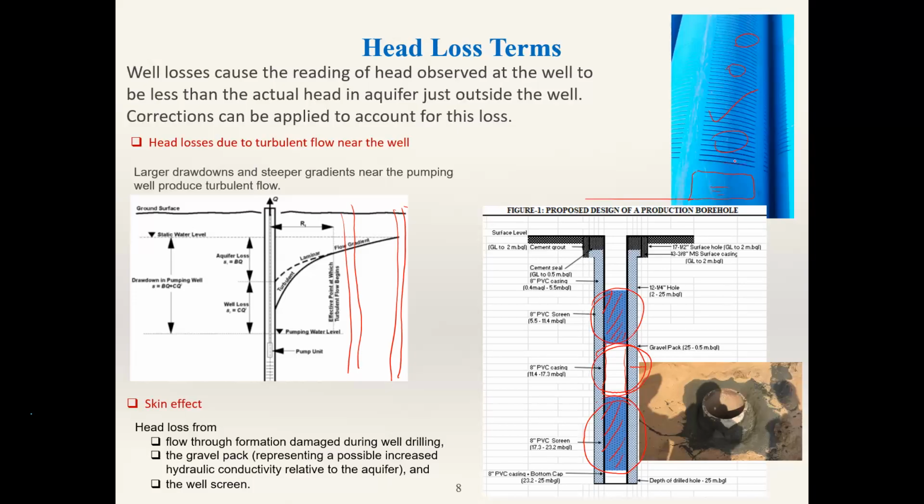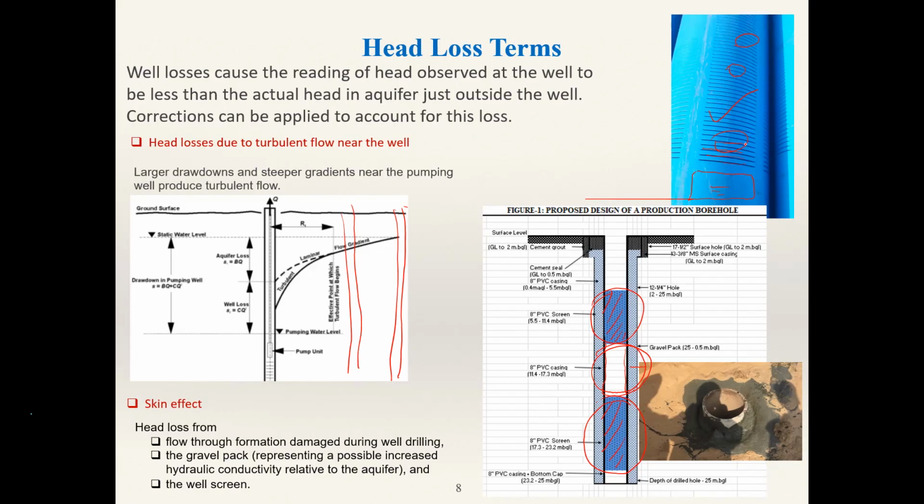Now you see, these screens are very, very small. So when the water flows through a small area, there is a head loss that it generates. This head loss is not normally accounted for in those equations that we discussed earlier. So that can be one effect.